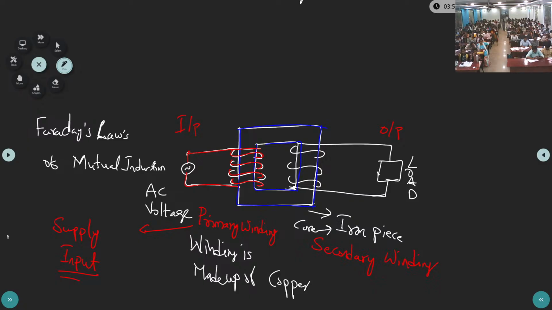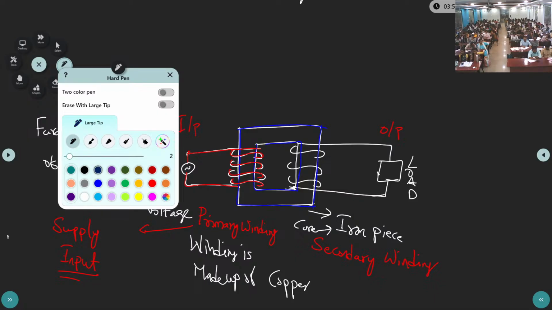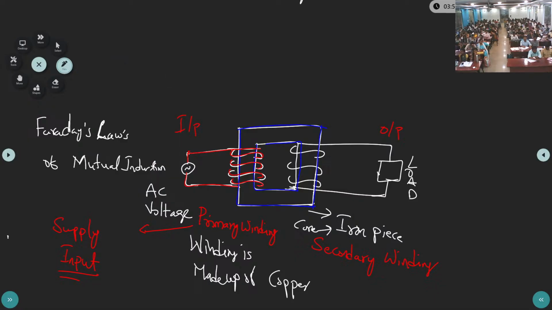How many windings are there? It has a minimum of 2 windings. Observe this: is the primary winding connected to the secondary winding?